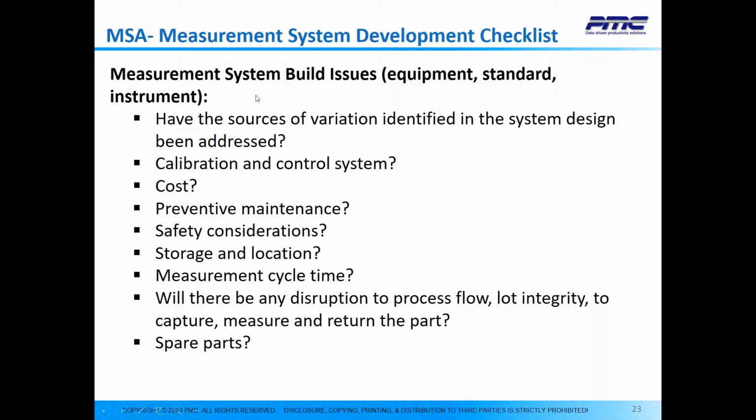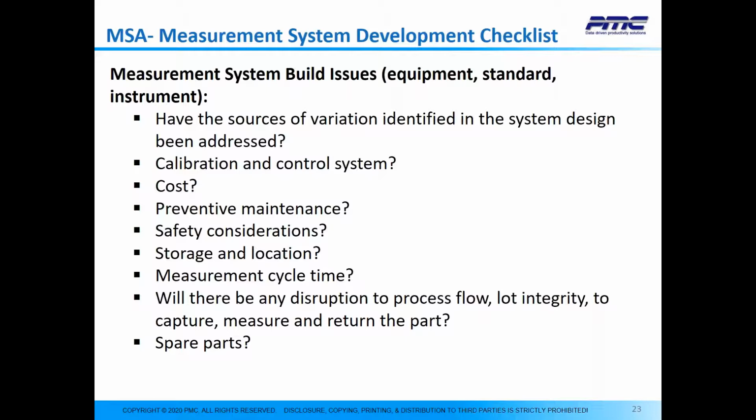You can also look at your measurement system build issues, equipment or standard instrument. In this case, you need to define the sources of variation identified in the system design, calibration and control system, input requirements, output requirements, of course the cost, preventive maintenance, serviceability, ergonomics, safety considerations, storage and location, measurement cycle time.